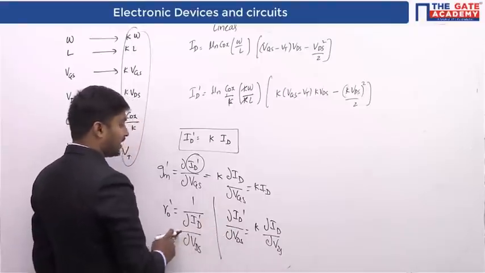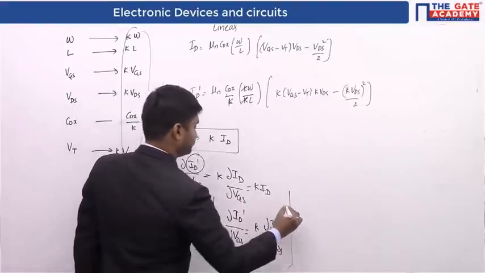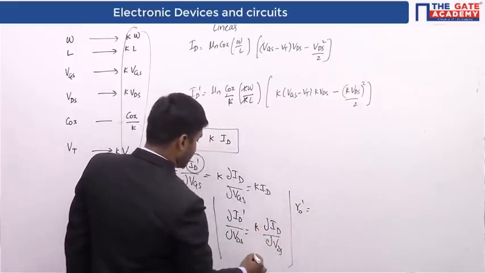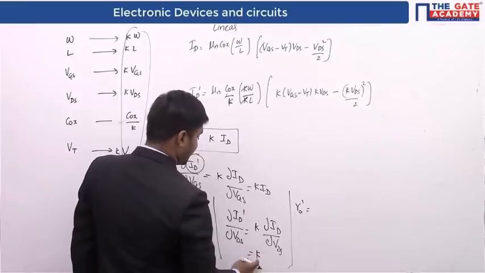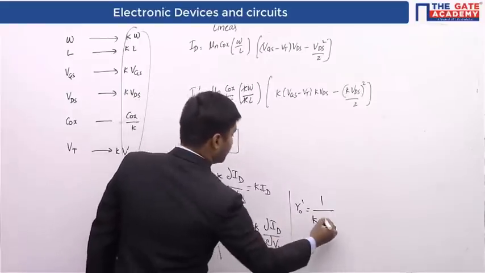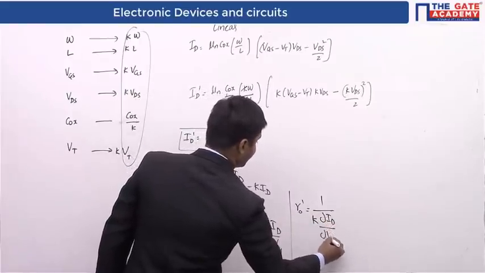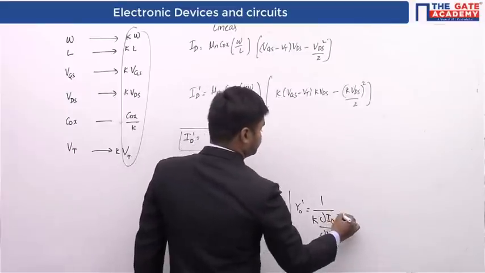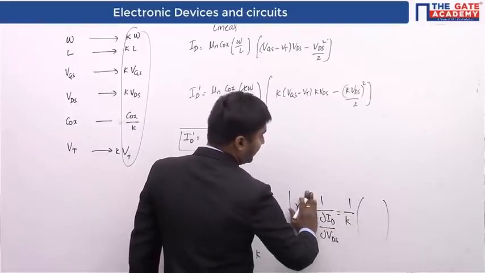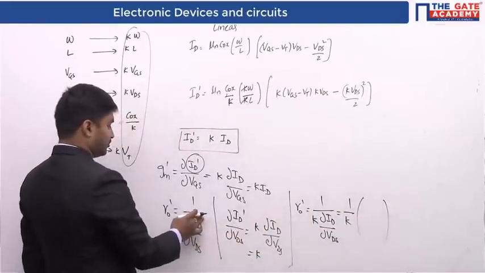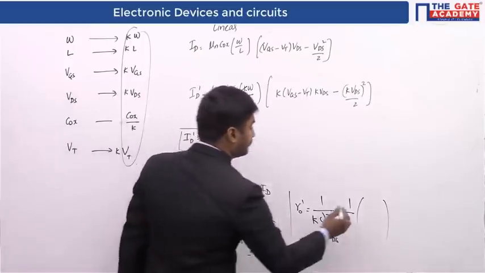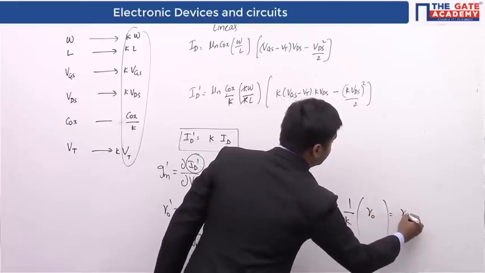Right, so therefore R naught dash is going to be 1 by K times that of dou ID by dou VDS. 1 by dou ID by dou VDS is nothing but R naught. So therefore you're going to have R naught by K.